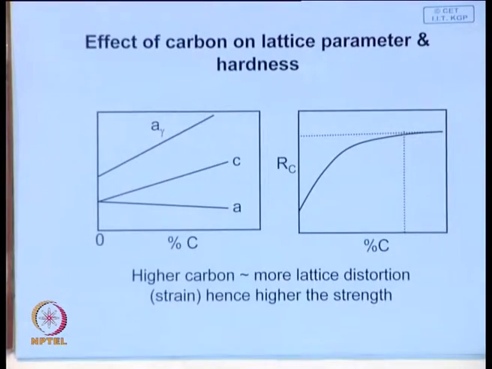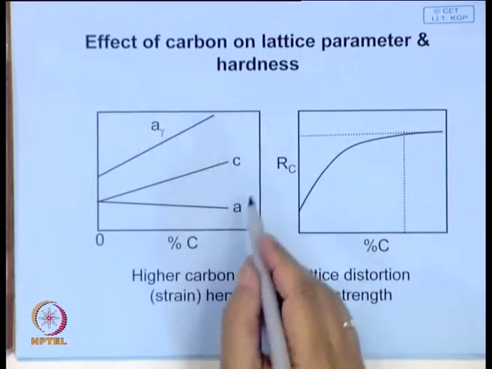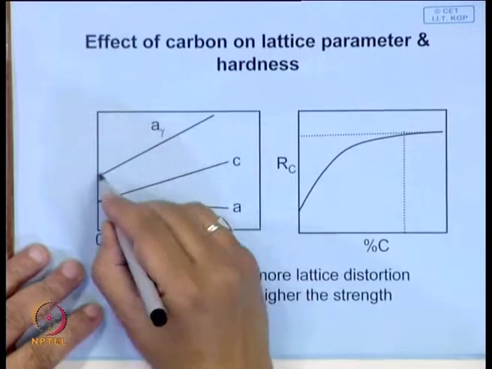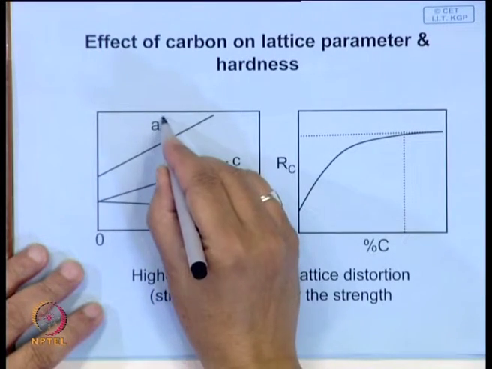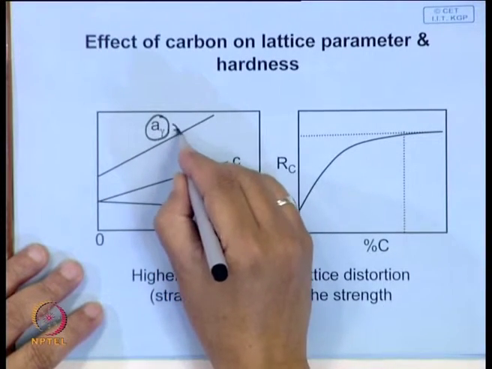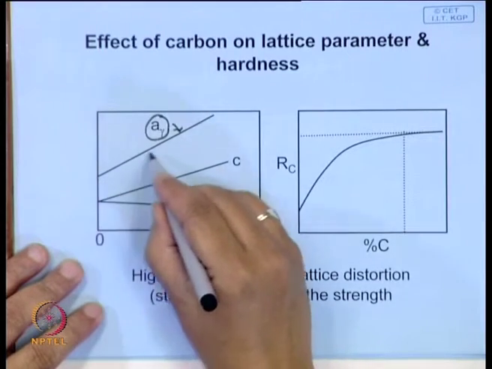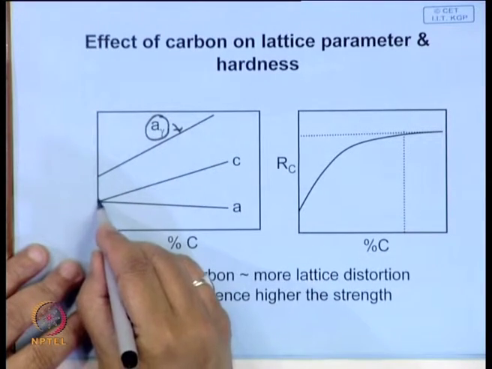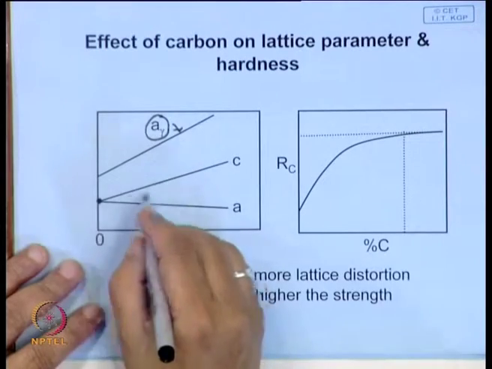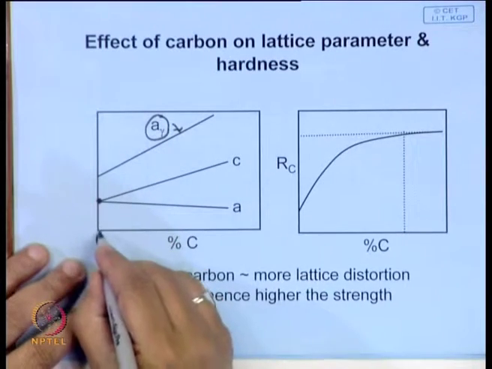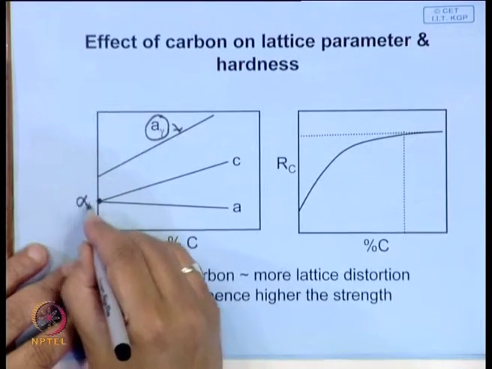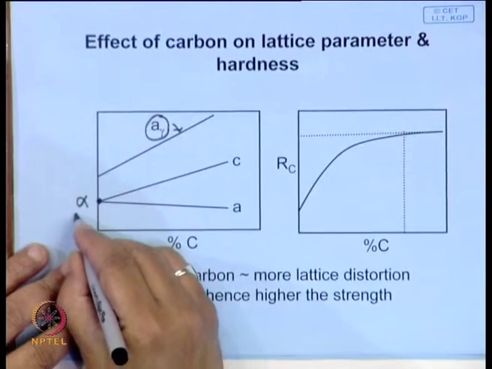Lattice distortion obviously means there will be a change in lattice parameter, which is shown over here. This is the lattice parameter of austenite, which changes with percentage carbon, and this is the lattice parameter of martensite. When the carbon content is low, this is alpha, and it is nearly BCC.